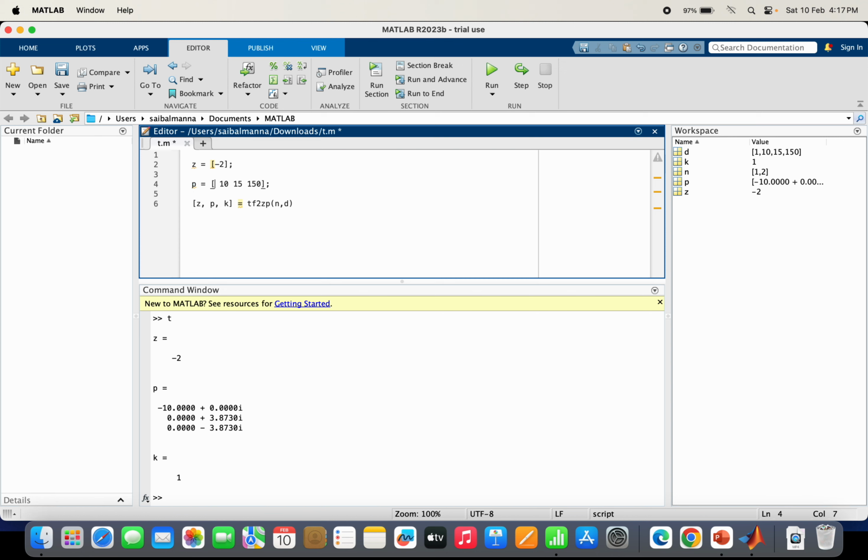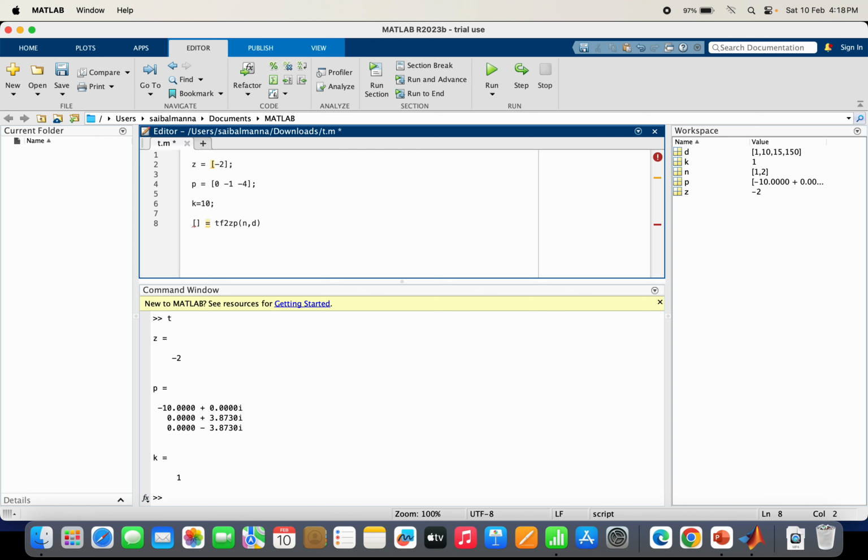We are taking a pole at 0 location, then minus 1, then a pole at minus 4, and you already know the gain. Here we consider the gain is 10. Now try to find the numerator and denominator of the transfer function.